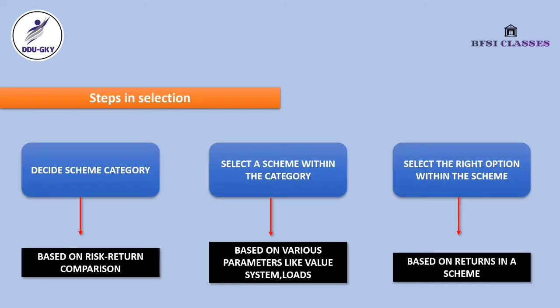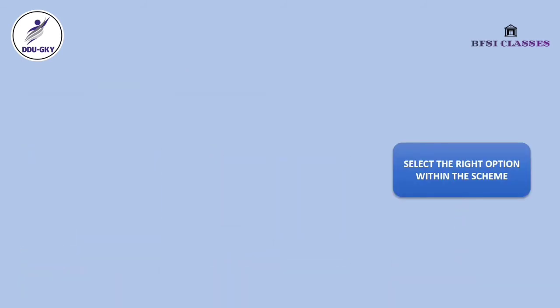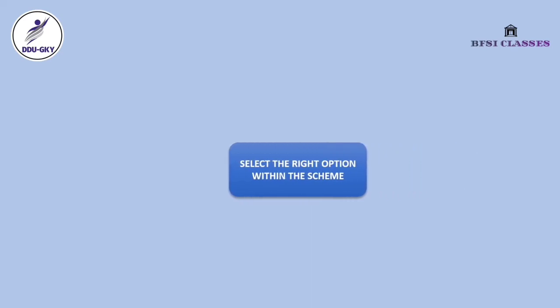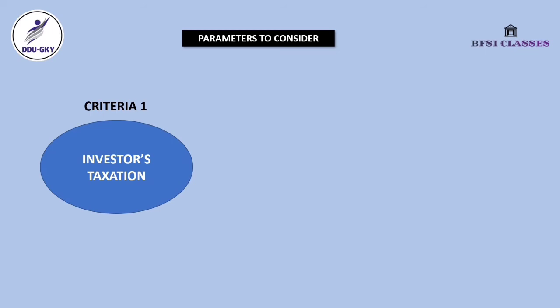Third one, select the right option within the scheme. There are two main criteria for selecting an option within the scheme. First one, investors' taxation. Second criteria is liquidity needs.